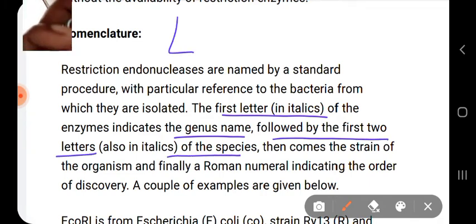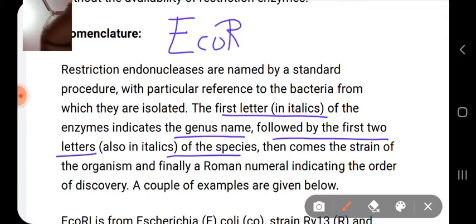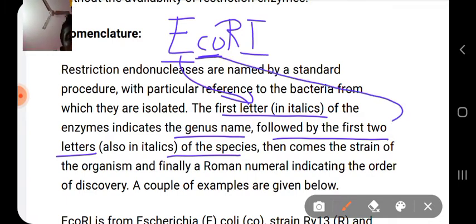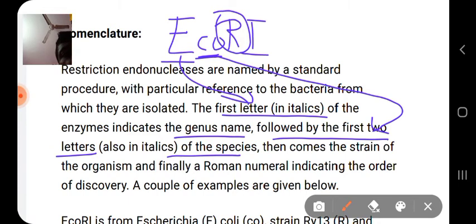For example, take a restriction enzyme commonly used. You all know the name EcoR1. E stands for Escherichia and co refers to coli. So the first letter of the enzyme indicates the genus name, followed by the first two letters of the species name, and then comes the strain, from which strain it has been taken.